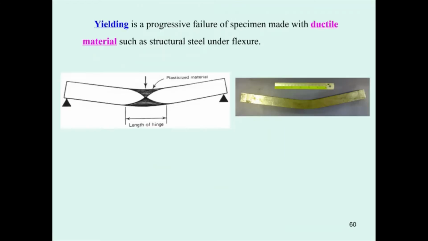Yielding is a progressive failure of the specimen, for steel or aluminum, formed by the stress that occurs on the section. When the maximum stress reaches sigma sub y, the stress starts to produce the behavior of a hinge at the loading point.